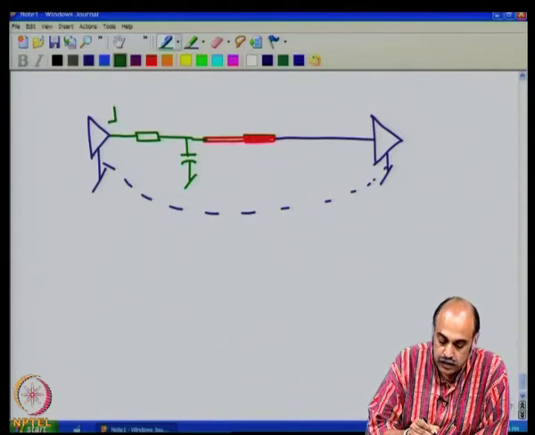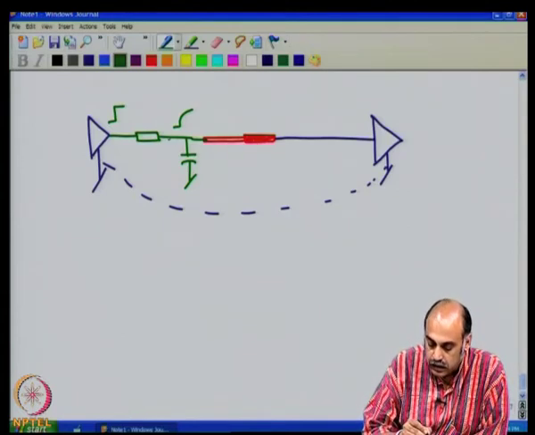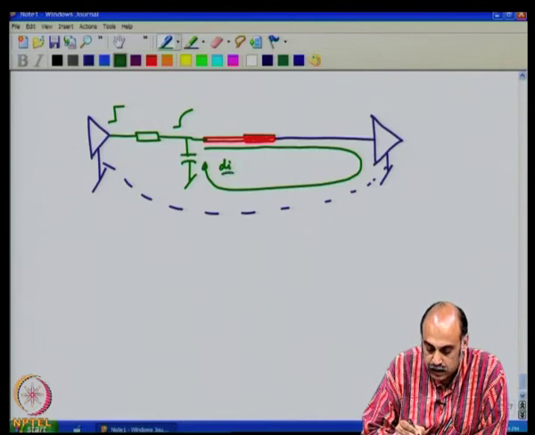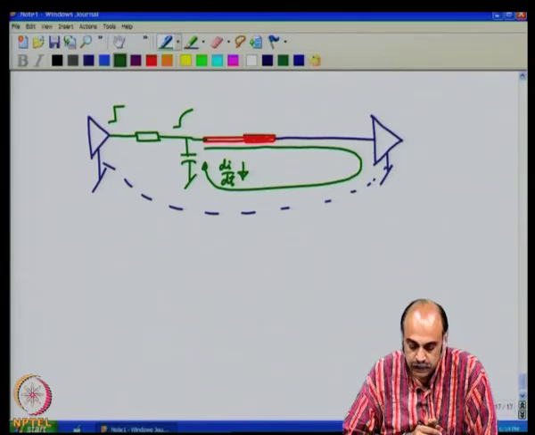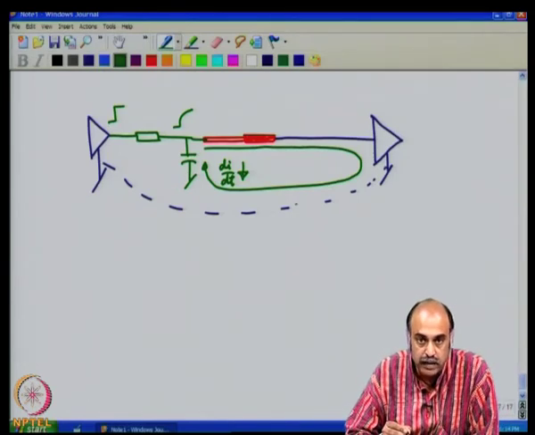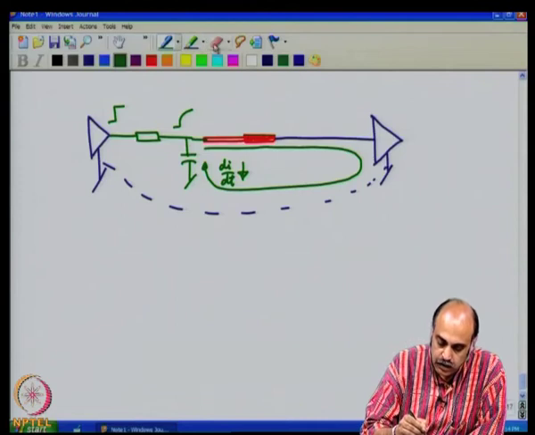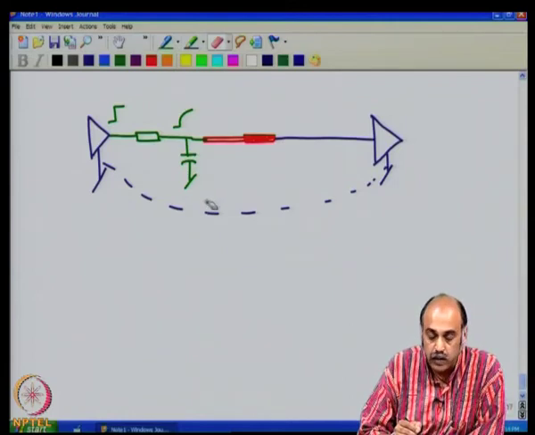Then any rise time here is smoothened out at this point, and from this point onwards the current in this portion of the loop, the dI by dt, is very much reduced compared to what it would have been if you had not put this. This is a brute force method, but it is going to reduce the bandwidth of your high speed circuit.